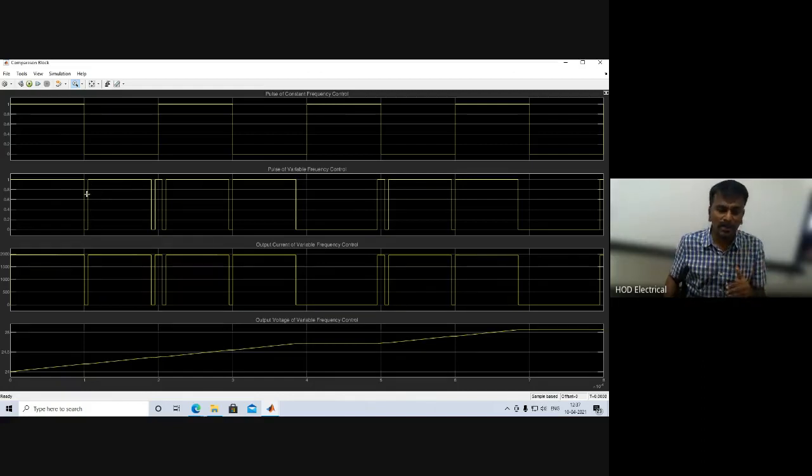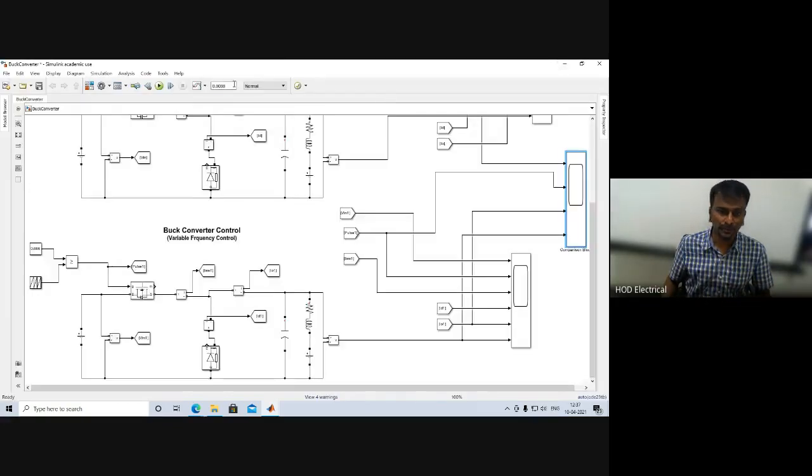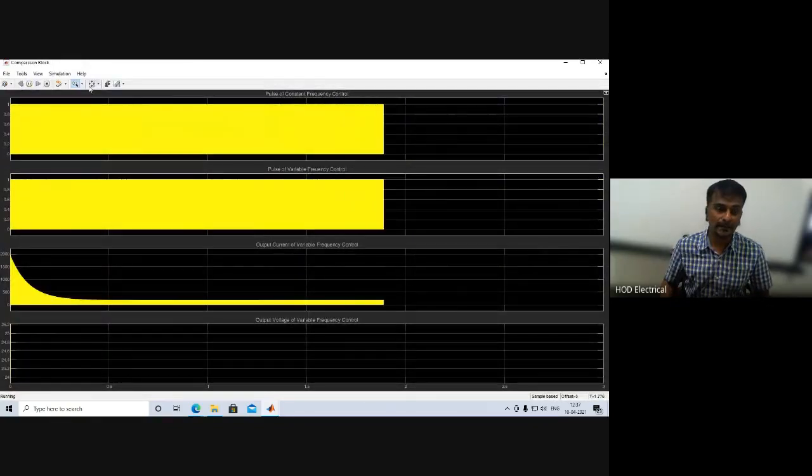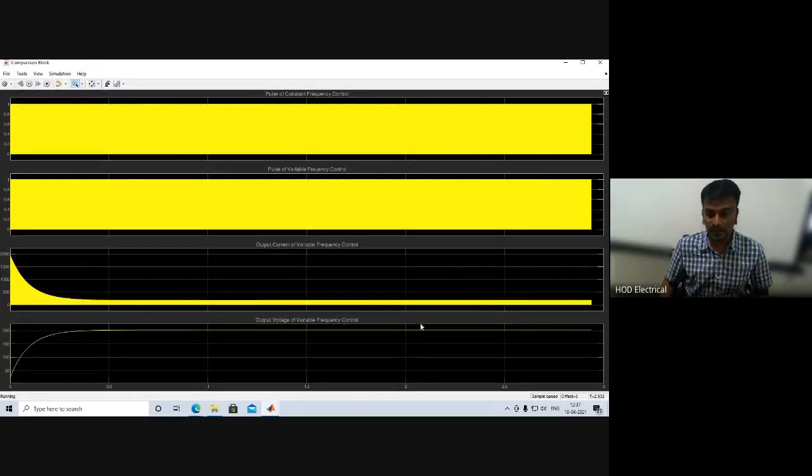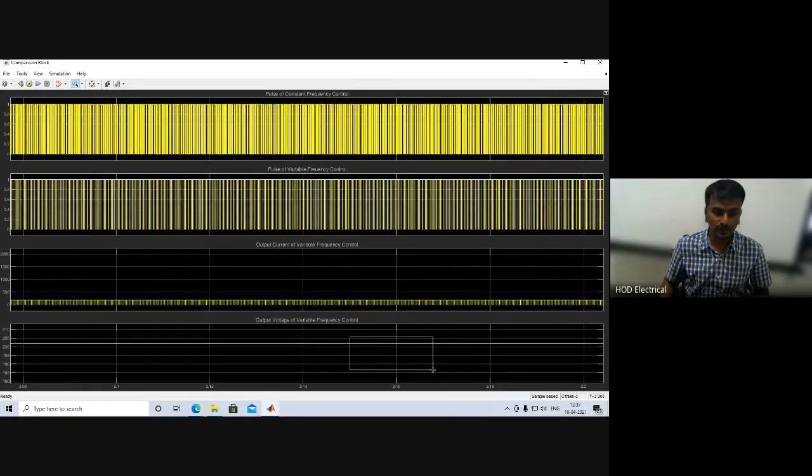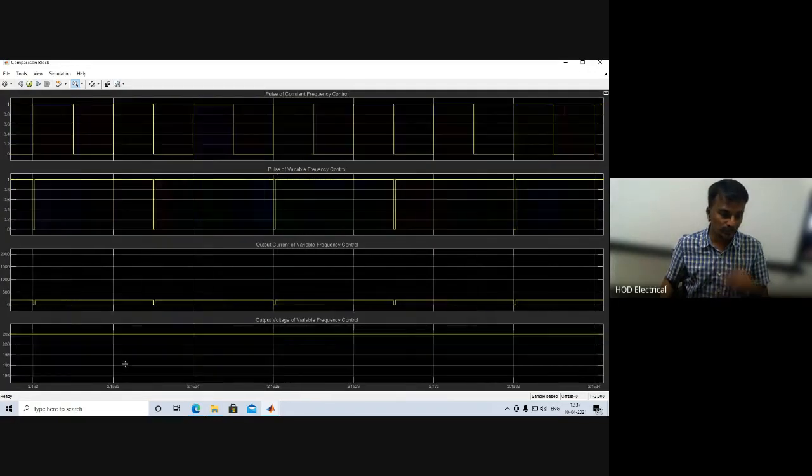So if on time is constant and the off time is reduced, automatically output voltage will increase. If you run the simulation for 3 seconds, you will come to know this time also output voltage is high compared with the previous case of 164. See here, now also we have more output voltage, more than 200.